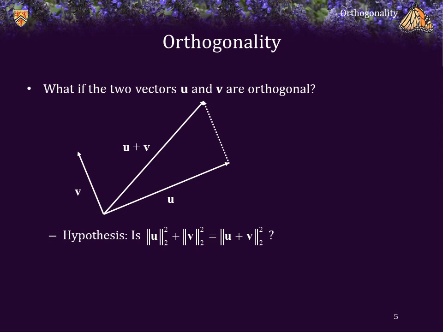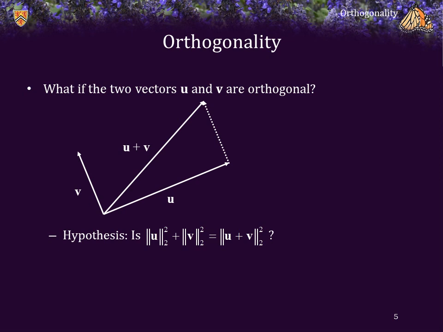Now remember, this is the 2 norm we're talking about. So the subscript 2 indicates that this is the 2 norm. The superscript 2 indicates that we are squaring the 2 norm. So is the square of the length of u plus the square of the length of v equal to the square of the length of u plus v?